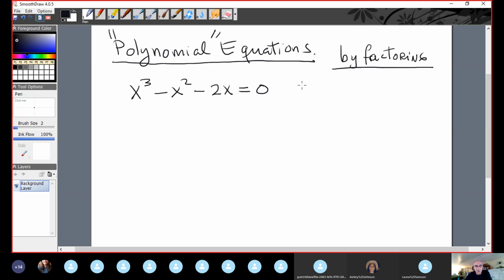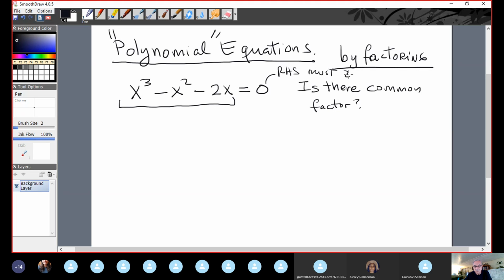Okay, my first question in the factorization is: is there a common factor in this expression? So in the left-hand side, and I focus on the left-hand side. The right-hand side is always 0. The right-hand side must be 0. See, you express the equation in standard form. So I focus on the left-hand side.